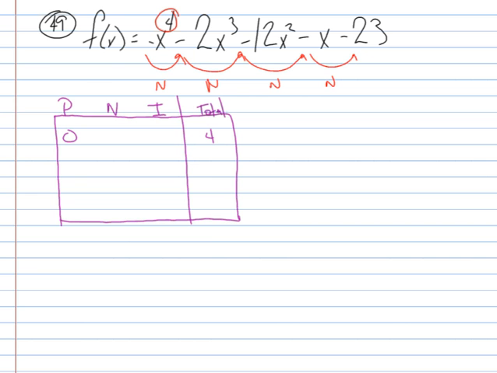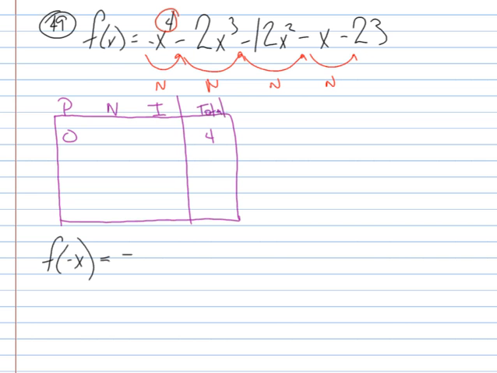Okay? So it doesn't matter, my positive ones, I have to have zeros. Well, let's go find my negative ones. In order to find out how many negative ones, I'm going to substitute a negative x into my equation, simplify it a little bit, and see how many sign changes I get this time.